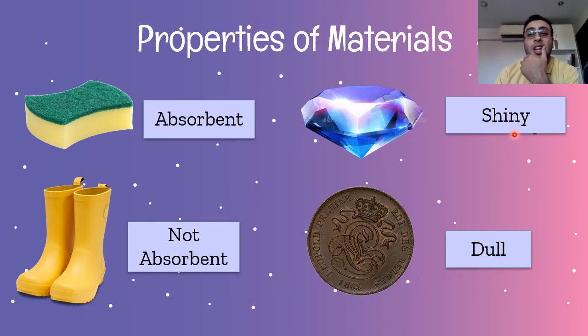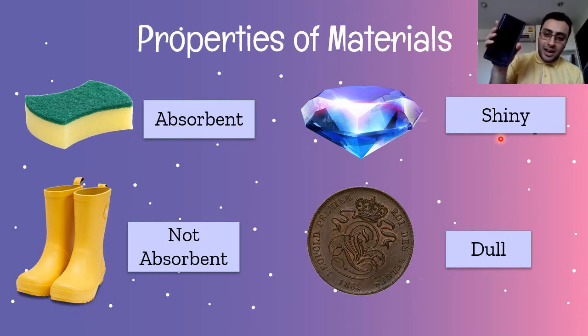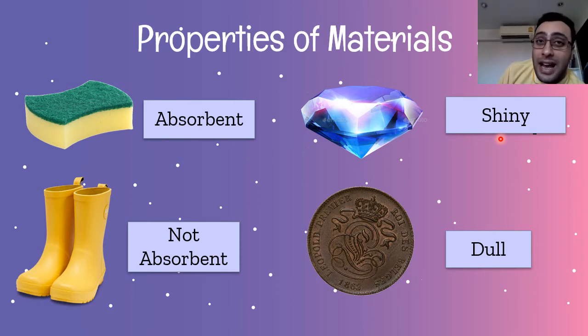Then we learned about shiny. Shiny, when the light hits it, it comes back to you. For example, my phone's screen is shiny. You see the light? It's shiny. So that means that glass is shiny. Or metal sometimes is shiny.